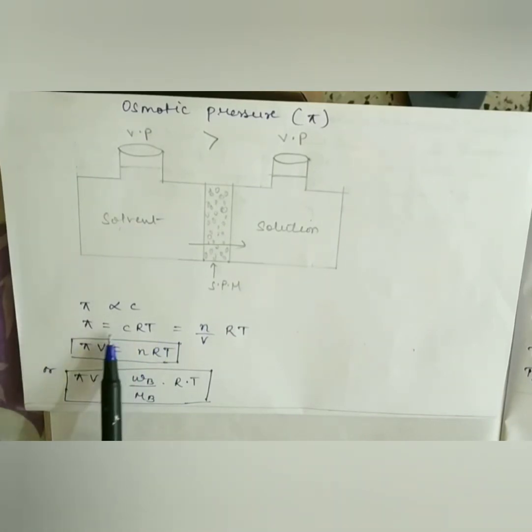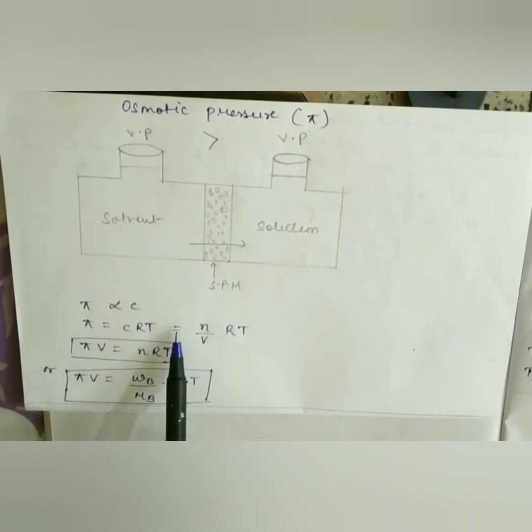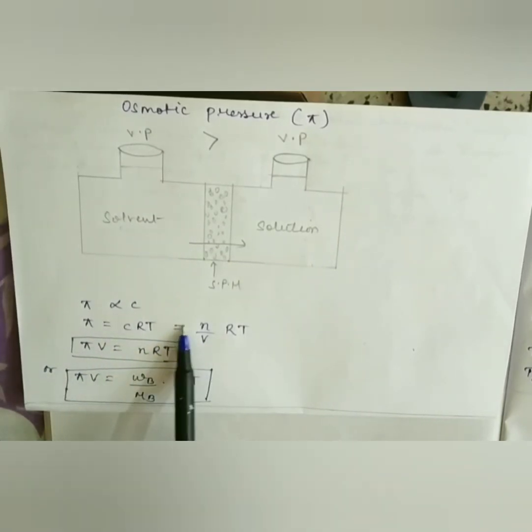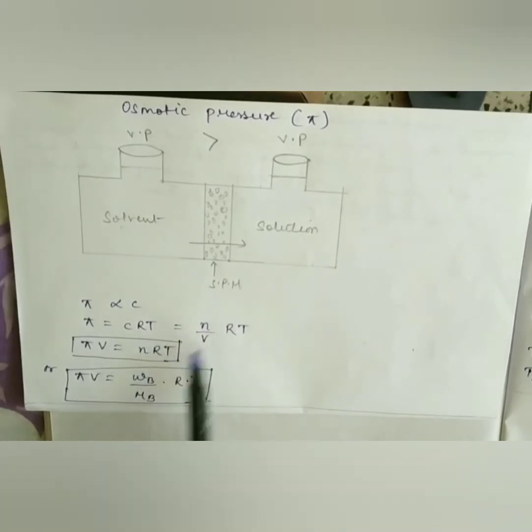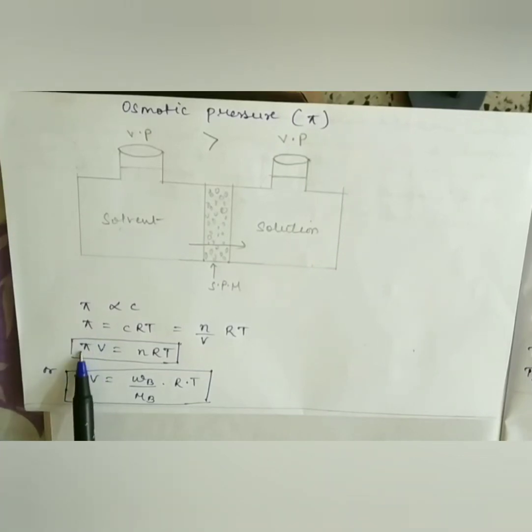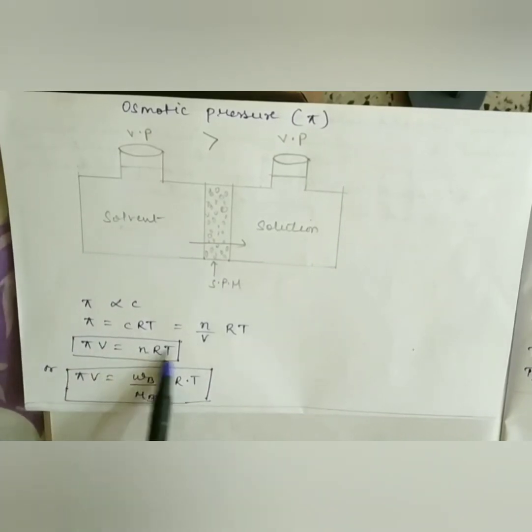So pi is equal to CRT. C can be denoted by n by V, where n is the number of moles of the solute and V is the volume of the solution. So we can bring this V to this side. So pi V is equal to nRT.